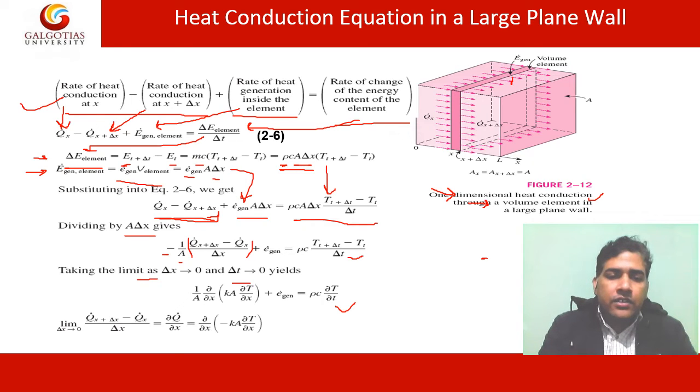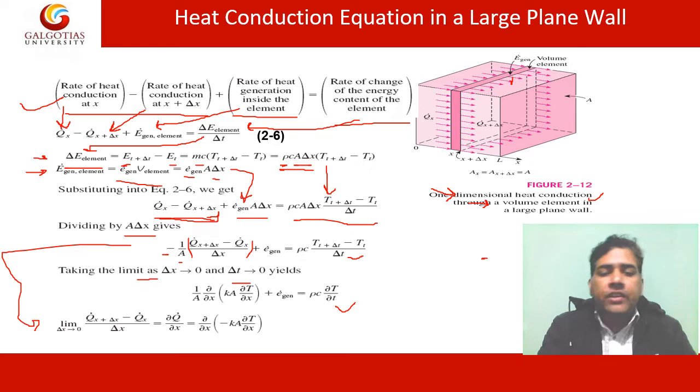This is how we have taken the limits, with the limit tending to 0. So this quantity will become del q over del x, keeping the del over del x outside. Del q equals minus k del T over del x from Fourier's law, and this is the quantity that we have put over here. This is how we achieved this part of the equation.